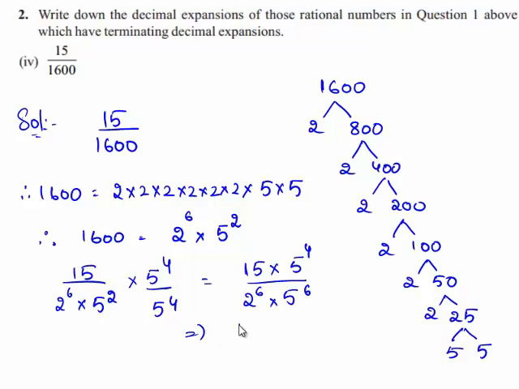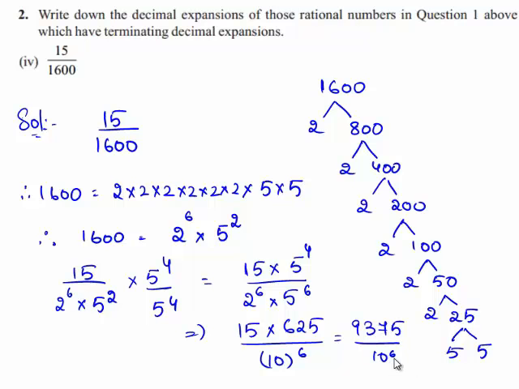This implies 15 times 5 power 4 is 625 by 2 times 5 is 10, so 10 power 6, which is equal to 15 times 625 is 9375 divided by 10 power 6.